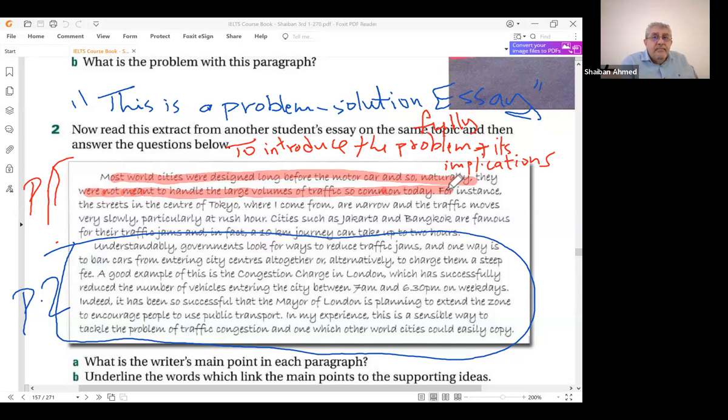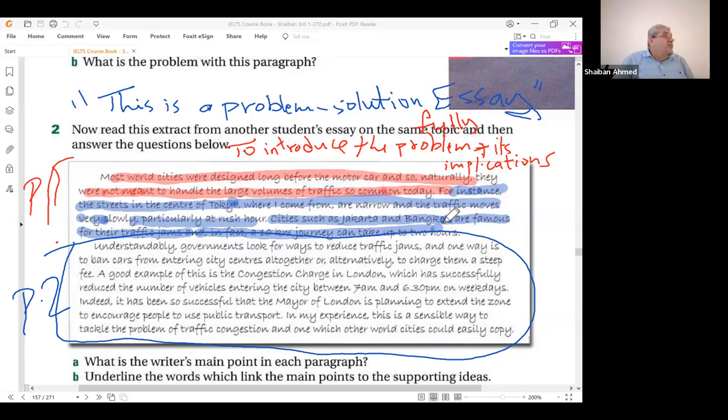Example, for instance, the streets in the center of Tokyo, where I come from, are narrow and the traffic moves very slowly, particularly at rush hour. Further support, more examples. Cities such as Jakarta and Bangkok are famous for the traffic jams. And in fact, a 10-kilometer journey can take up to 2 hours.